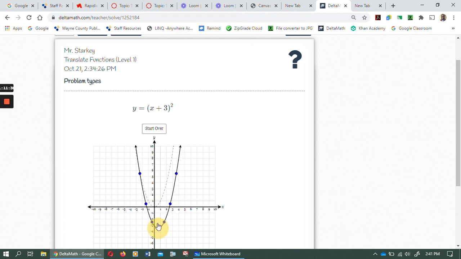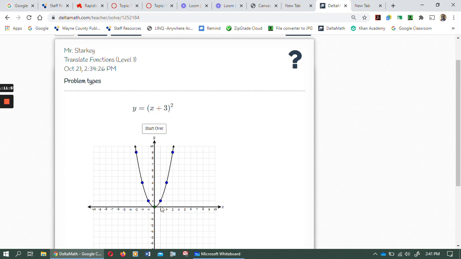And again, I'm letting you know, click, hold, and drag the green dot so that you can translate this thing, okay? Alrighty, that's it. We've talked about function notation and translations using function notation. And I also tried to make sure that you know how to do these particular assignments.